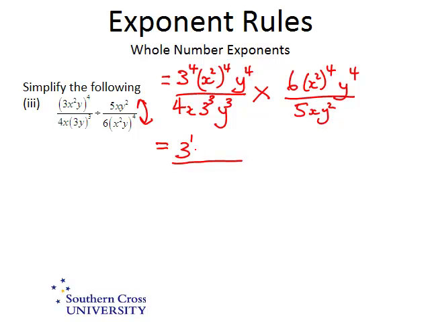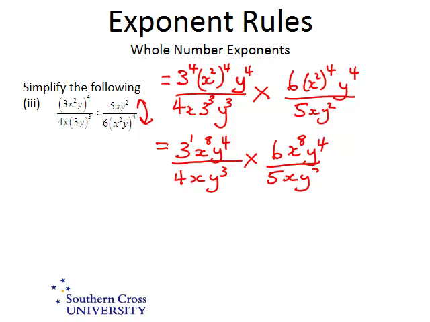We have an x to the 8, we have a y to the 4. We still have our 4 and the x and the y cubed times by 6x to the 8, y to the 4 over 5xy squared.